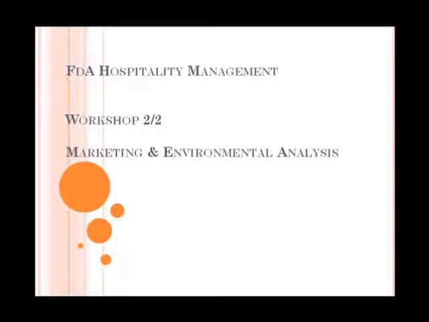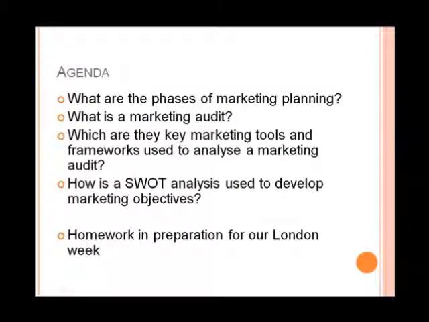So the agenda basically is to look at what the phases are of marketing planning, what a marketing audit is, what the key marketing tools and frameworks are that are used to analyze the marketing audit, how the SWOT analysis is used to develop marketing objectives, and then I have some homework for you to do in preparation for our London week as well. So you can actually start on that.